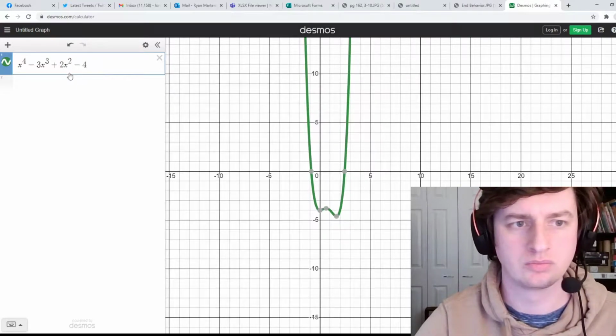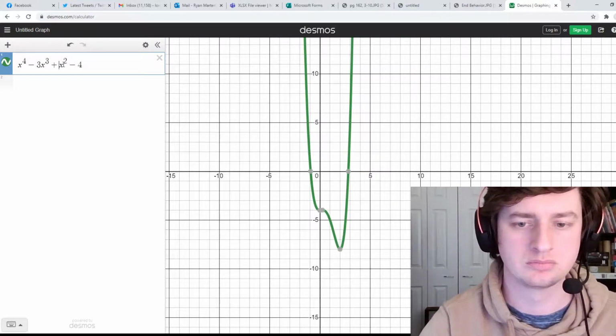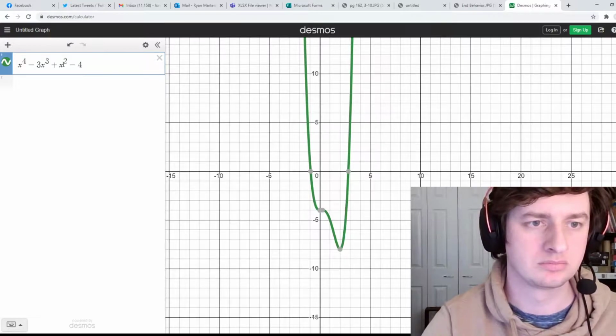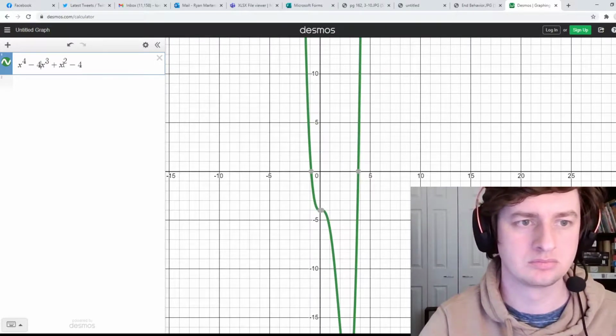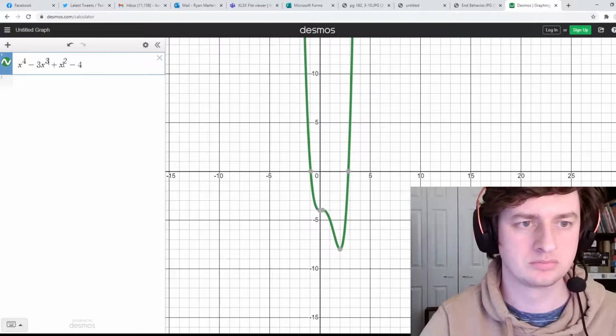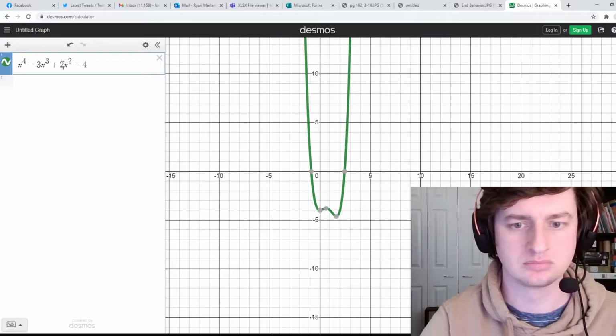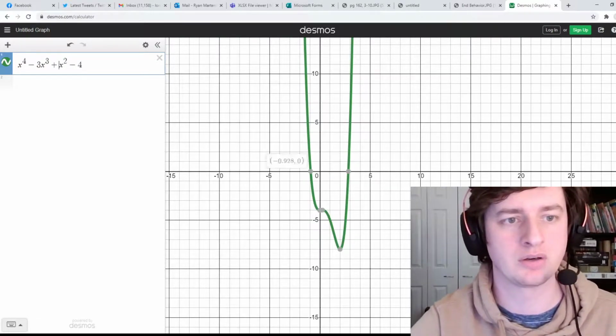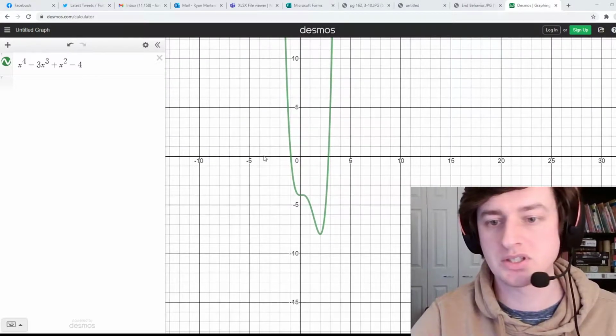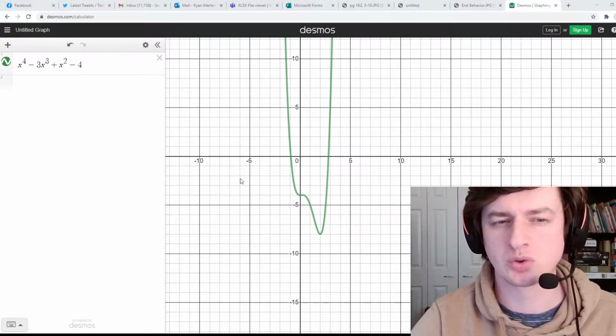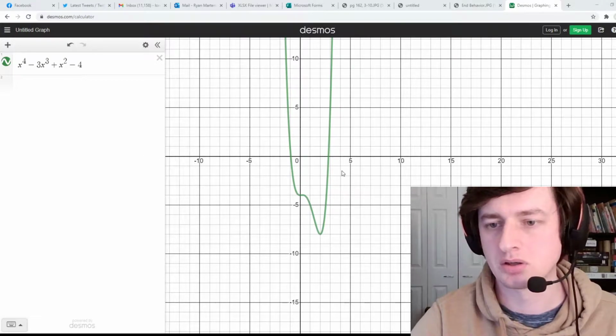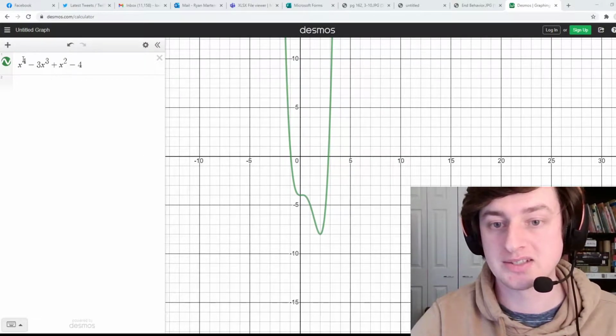Let's make this 2. Meh, it's fine how it was. Okay, this is an x to the fourth function. It's a quartic function, I think. And you'll notice it has an even degree.